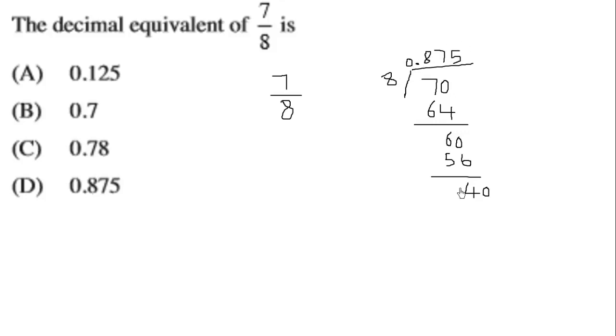Therefore 8 times 5 will give you 40. So the decimal equivalent is 0.875. So the correct answer is D.